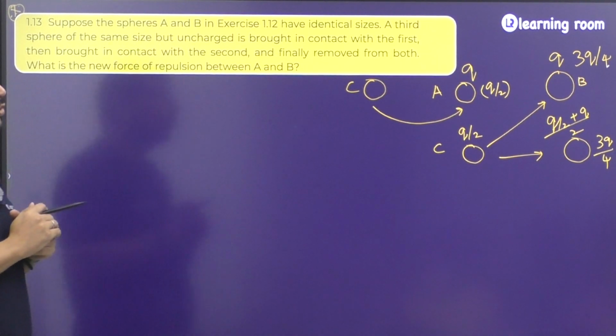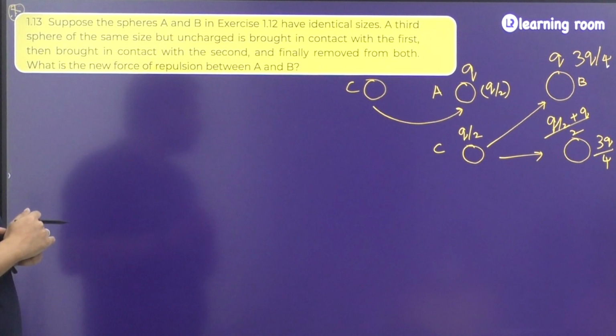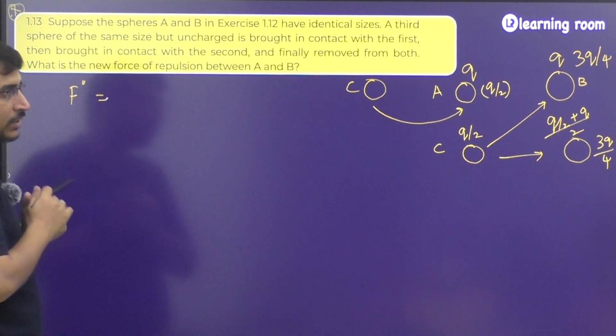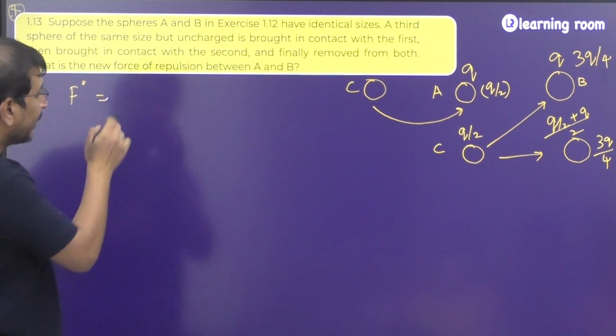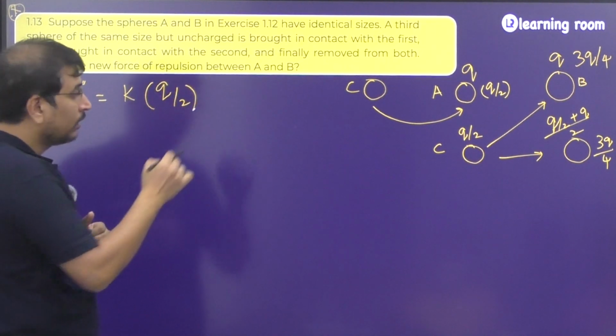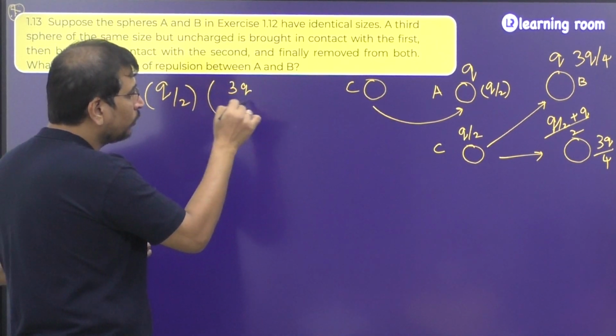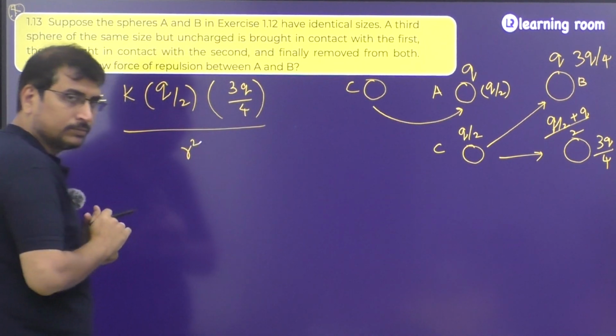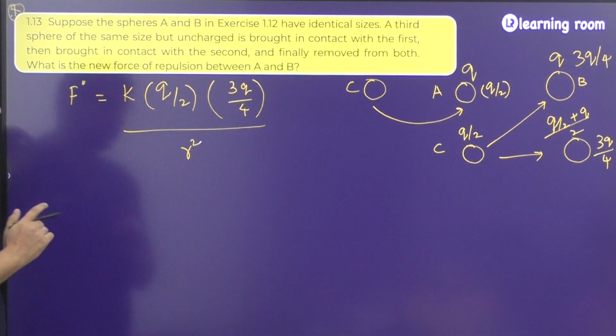Okay. So what is going to be the new force of repulsion between them? If I call it F double dash, then it is K multiplied with the new charge Q by 2 on A and the new charge 3Q by 4 on B, the whole divided by R square. Distance is the same, right?